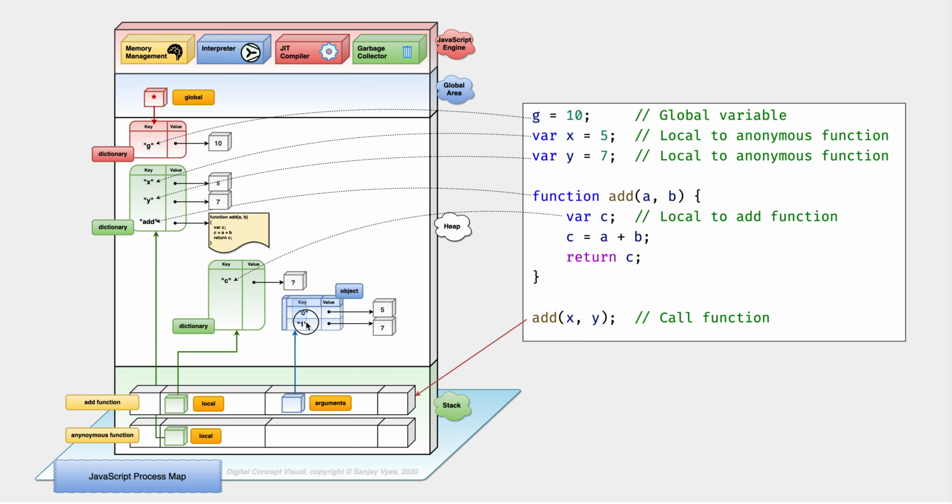The 0 and 1 are keys inside the arguments object. So what happened to a and b? Well, a and b are like labels which are pointing to the actual values of 5 and 7 through the arguments object.